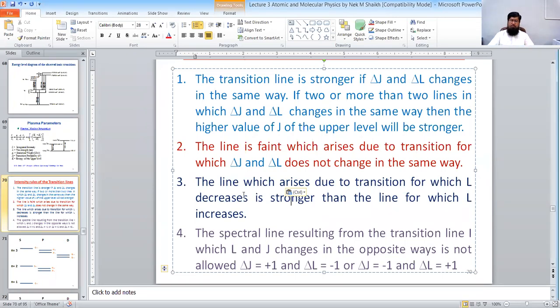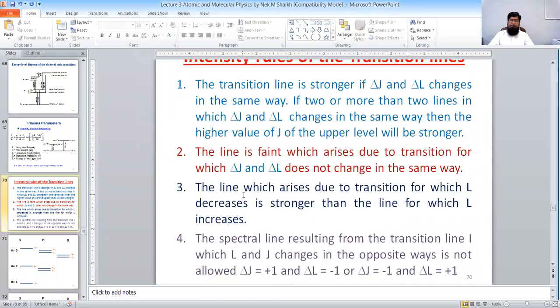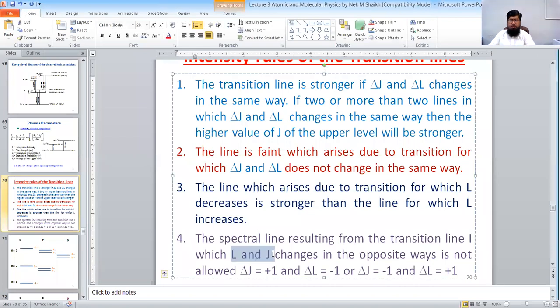चौथा रूल जो है वो ये है कि the spectral line resulting from the transition in which L and J change in the opposite way. अब जिसमें L और J, या डेल्टा J और डेल्टा L, change in the opposite way is not allowed. इसका मतलब है कि अगर किसी में डेल्टा J +1 हो रहा है और डेल्टा L -1 हो रहा है तो वो अलाउड नहीं है, या डेल्टा J -1 हो रहा है और डेल्टा L +1 हो रहा है तो वो अलाउड नहीं है.